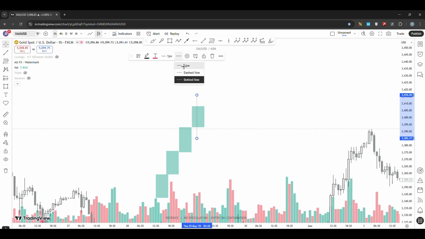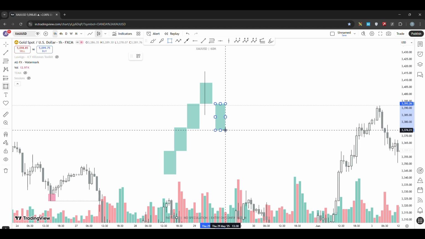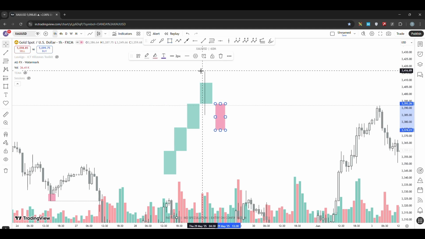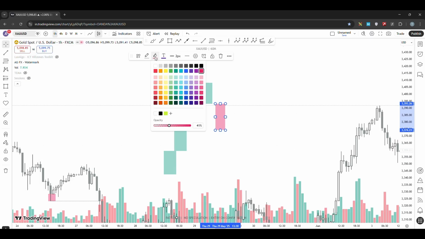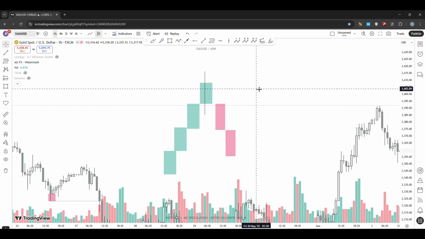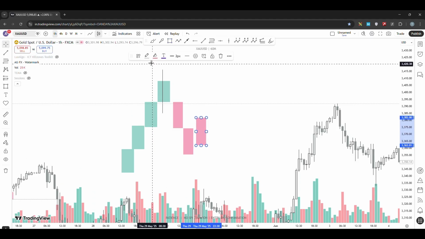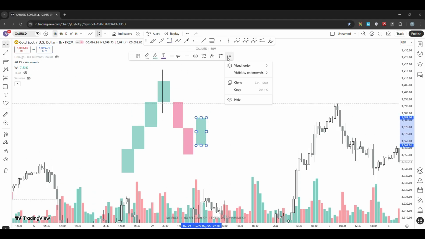We're just considering the wicks on the last candle, and after that, let's say the market starts to drop or give a pullback. Obviously this is for buying. So let's say we get some more candles like this on the downside giving us a pullback, and after that the market once again starts to push higher, giving us green candles.